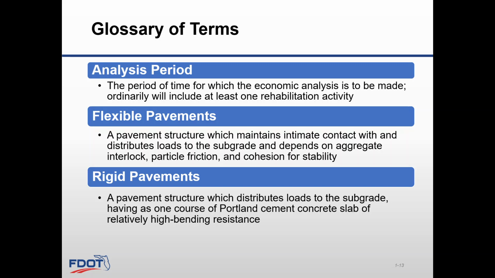Flexible pavements. A pavement structure which maintains intimate contact with and distributes loads to the subgrade and depends on aggregate interlock, particle friction, and cohesion for stability. Rigid pavements. A pavement structure which distributes loads to the subgrade, having as one course a Portland cement concrete slab of relatively high bending resistance.